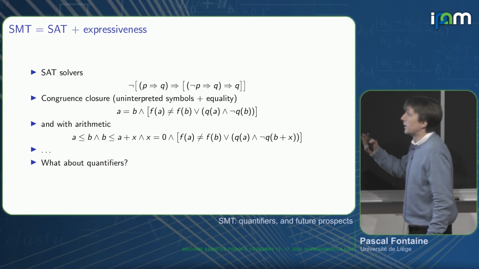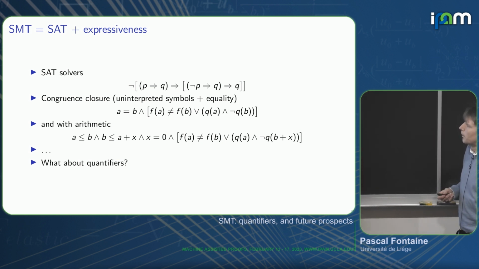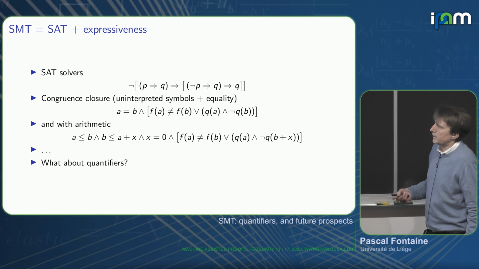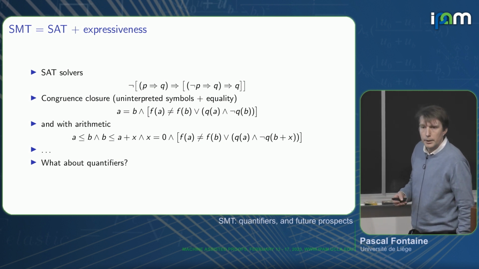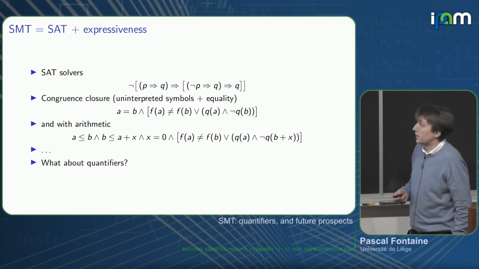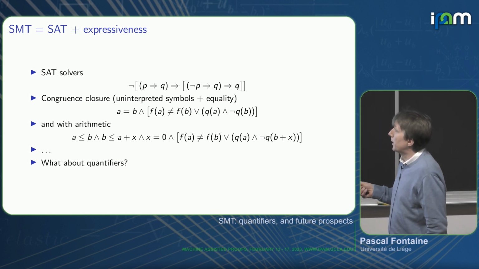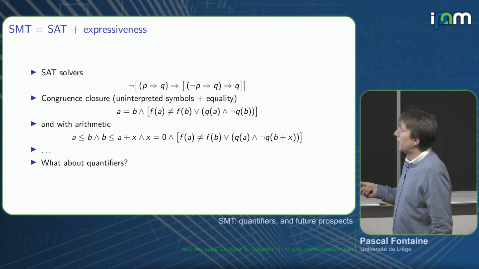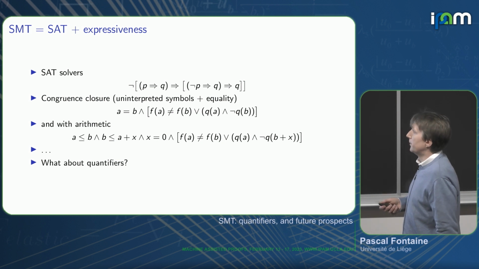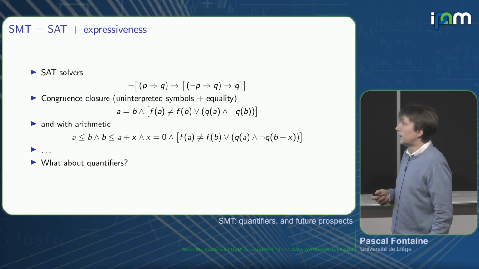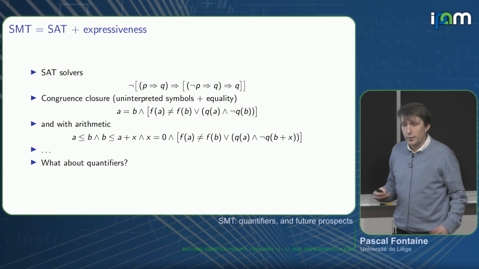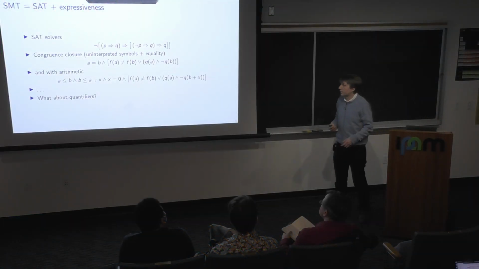Actually, you could give that to an SMT solver 40 years ago, and it would say that this formula is unsatisfiable, because there's no way to make A equal B, and at the same time have either f of A different from f of B, or Q of A being true and Q of B being false. So it's impossible to make it true, so it's unsatisfiable, and the SMT solver would say it and provide a proof for that.